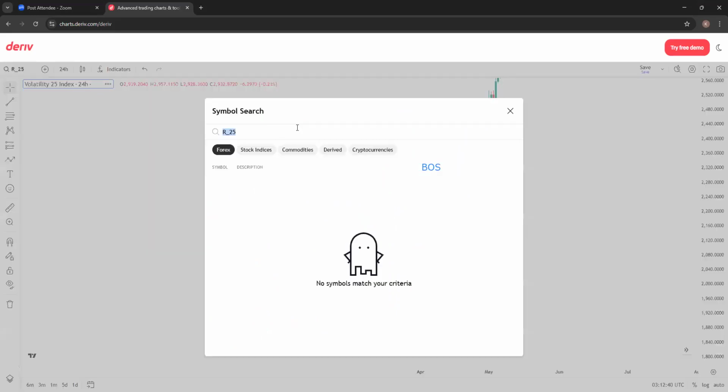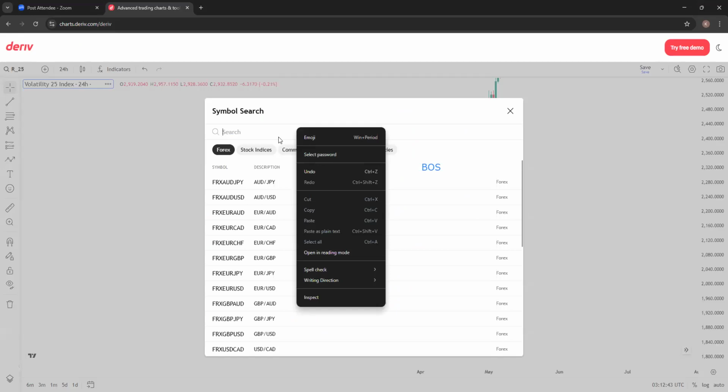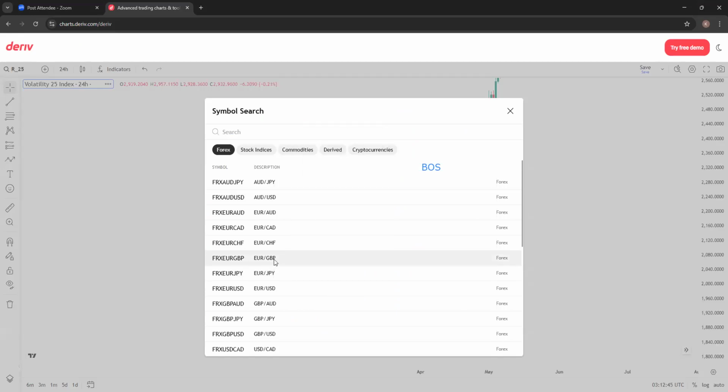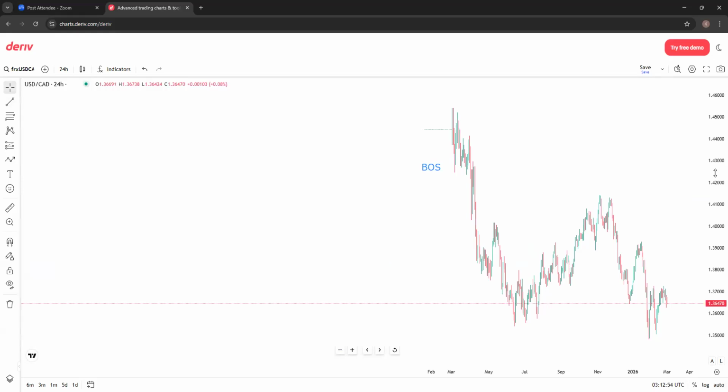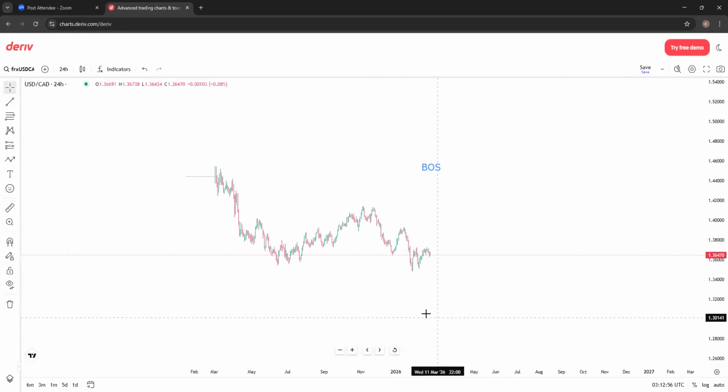Let me choose any pair. Which pair can I go for? Because this happens on almost any pair. Actually, this happens on any pair that exists.